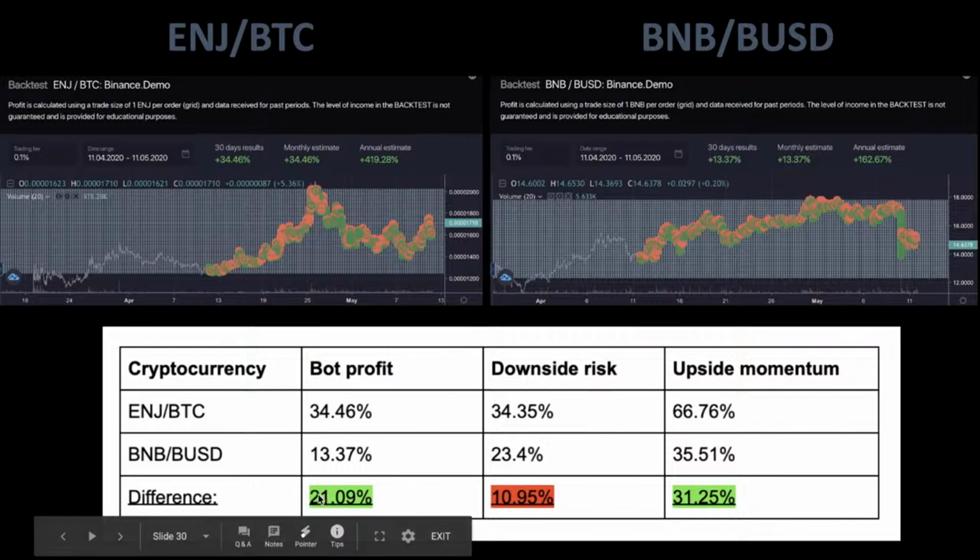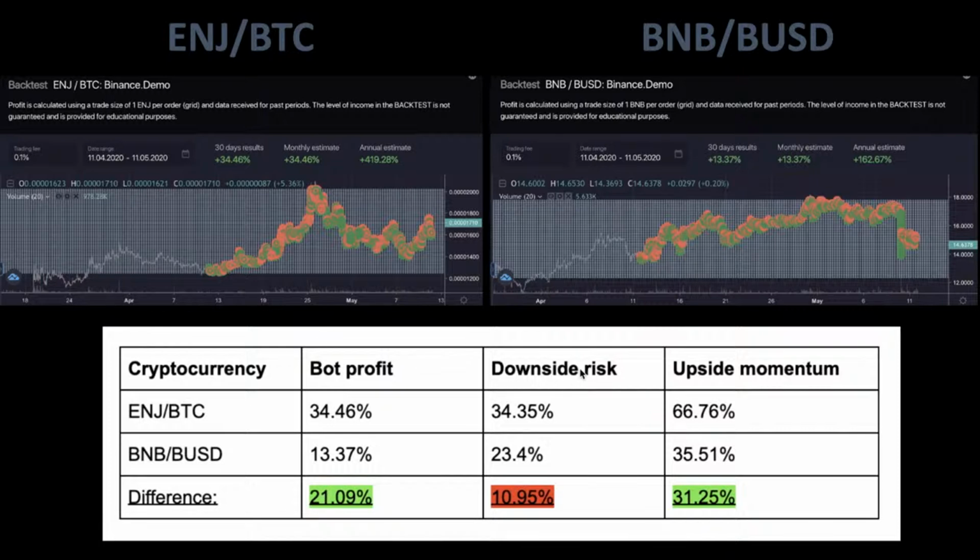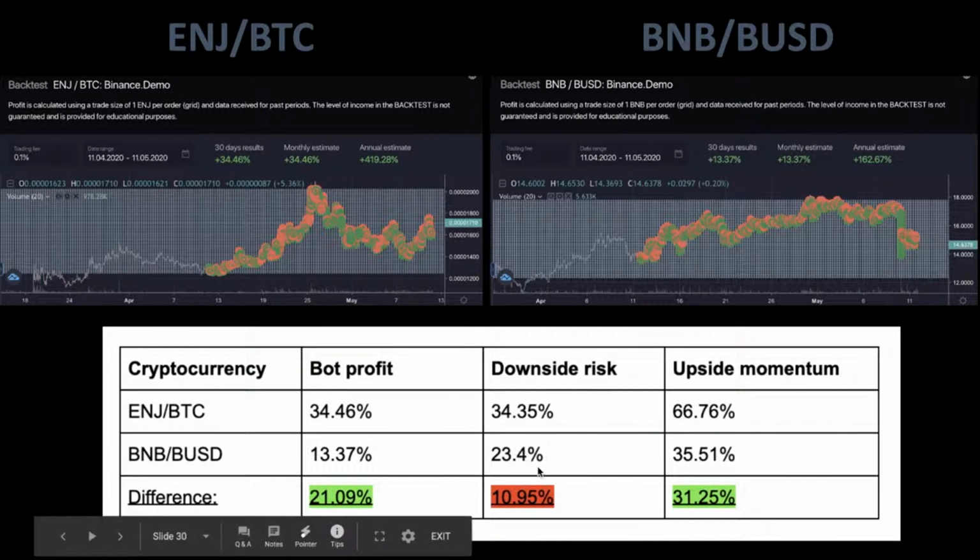So here is an obvious advantage of the ETH, because the return is higher by 21%. However, the downside risk for ETH is higher than the downside risk for BNB, and in this case it's higher by 10%.